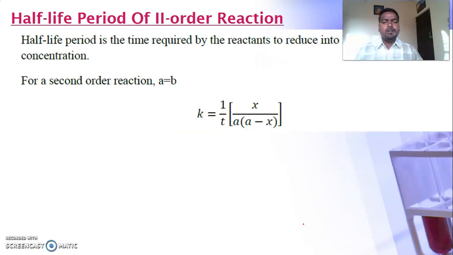So now let us see the integrated rate expression for second order reactions. Dear students, we derived the mathematical expression for second order reaction in the previous class. When we come to second order reaction, two kinds of expression are derived: when the concentration of both the reactants is equal, that is A is equal to B, and when A is not equal to B. When the concentration of both the reactants is equal, we got the expression k is equal to 1 divided by t into x divided by A into A minus x.